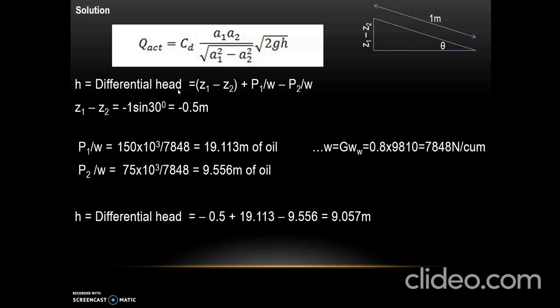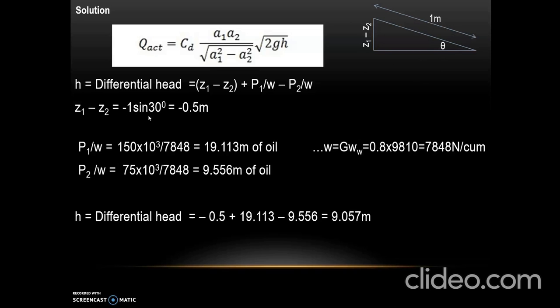H is equal to differential head, which is equal to Z1 minus Z2 plus P1 by W minus P2 by W. In the problem, it is mentioned that flow is in upward direction. So we get Z1 minus Z2 equal to minus 1 sine theta.